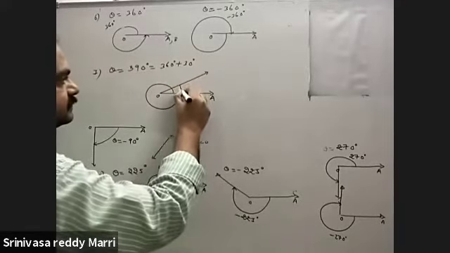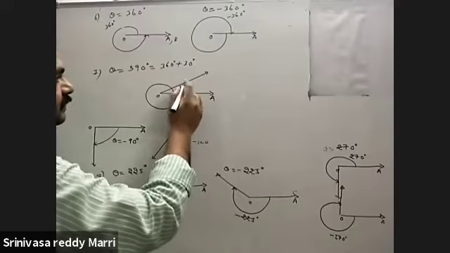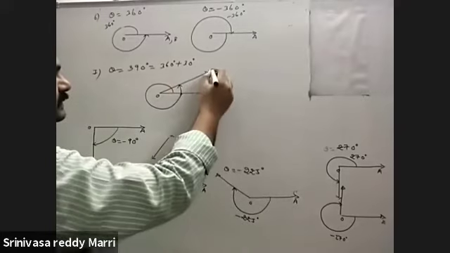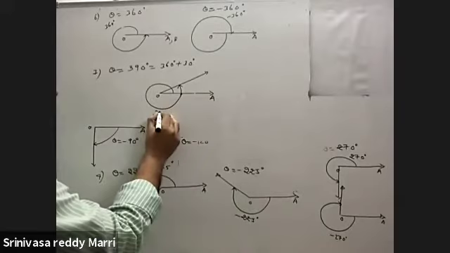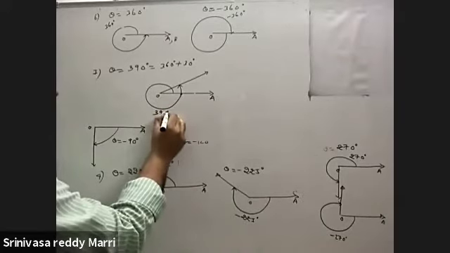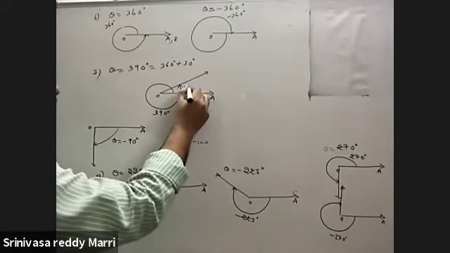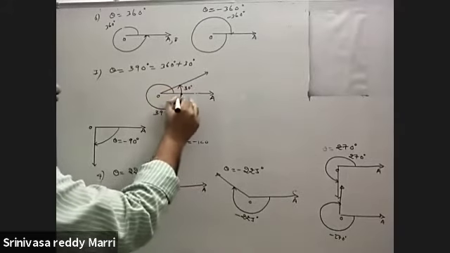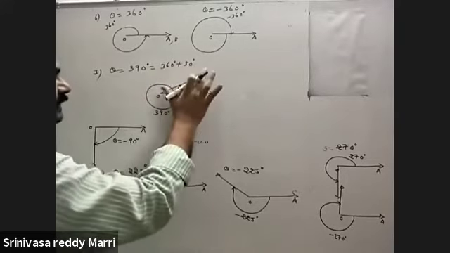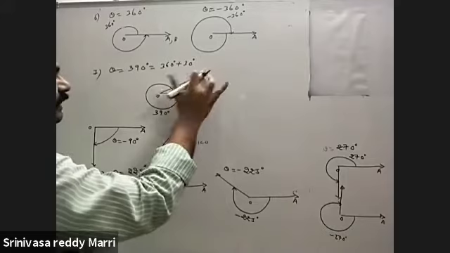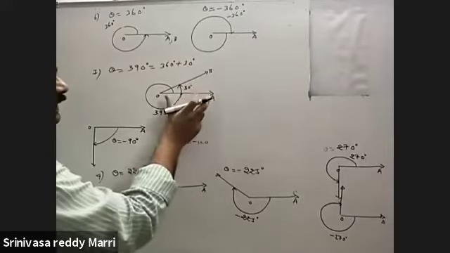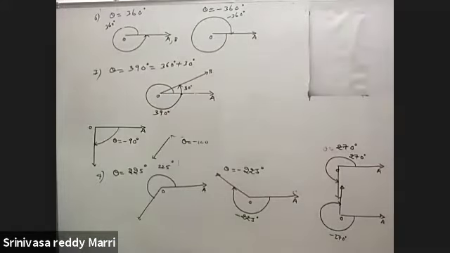That means this complete angle is nothing but 390 degree, with this 30 degree. So this is a complete rotation 360 plus 30. For 390, the terminal ray will be this one, which makes an angle of 30 degree with the initial ray.